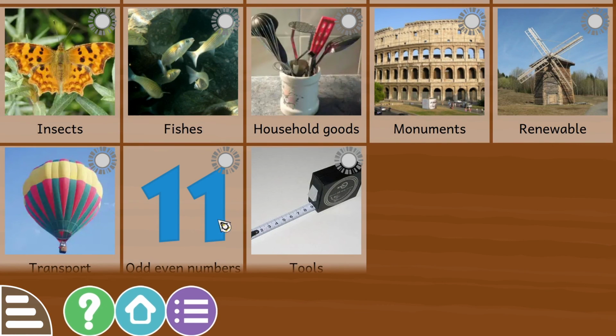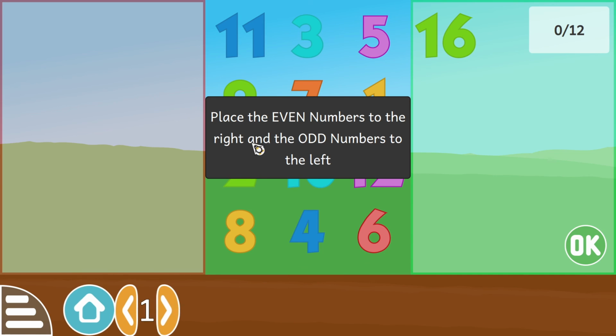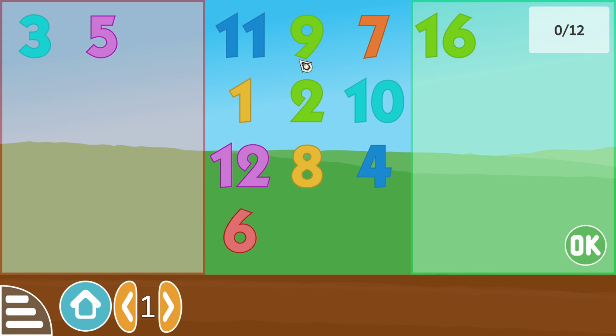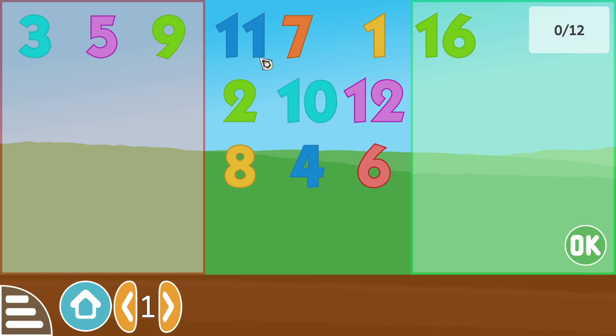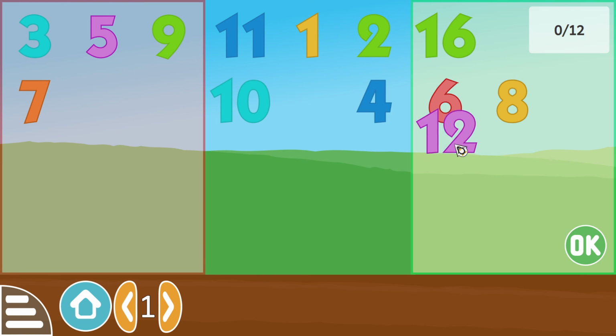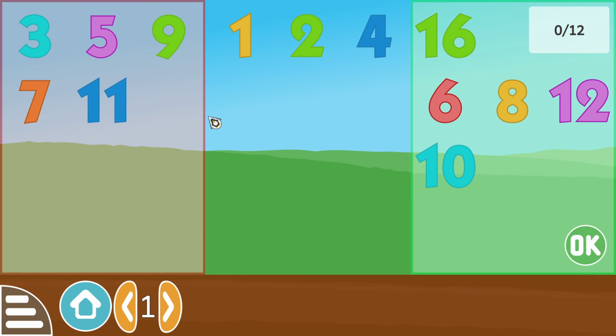Back to the beginning. So odd and even numbers. So place the even numbers to the right and odd numbers to the left. So odd. I'm going to get caught out here as to what's even.